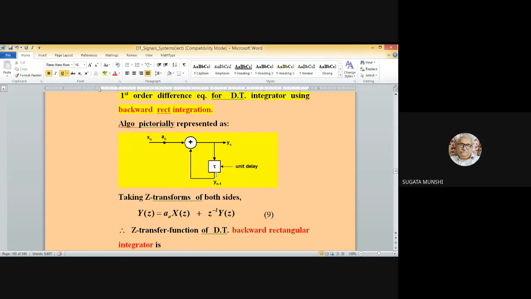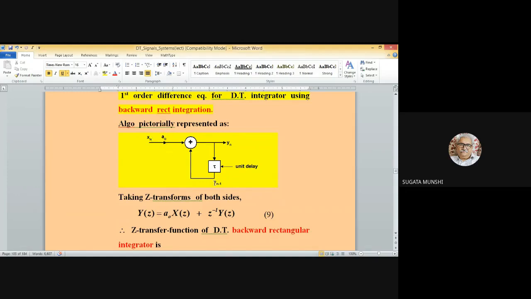So at every instant, what the integrator does is that the sample value x[n] is multiplied with a0. This product is added to y[n minus 1]. And this sum gives y[n], the desired output sample at the current instant. So at n equal to 0, you have x[0] here. x[0] is multiplied with a0, where a0 is retrieved from some memory location.